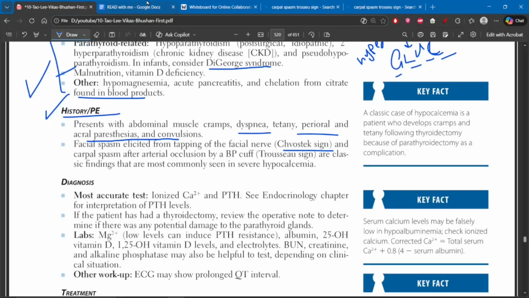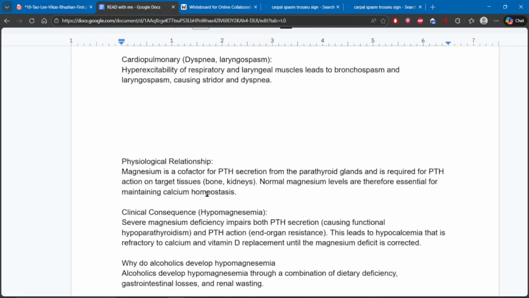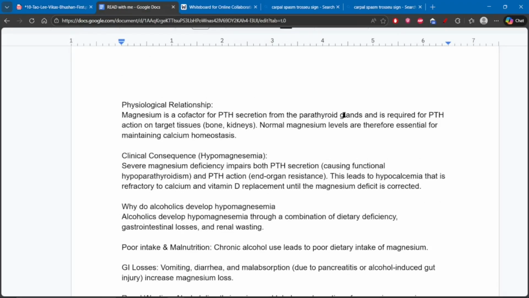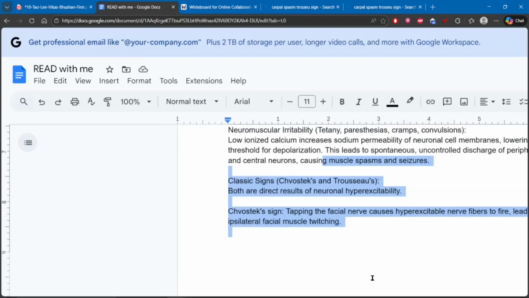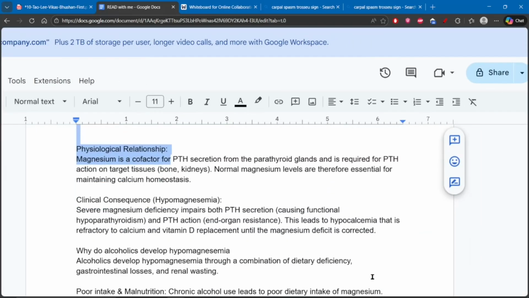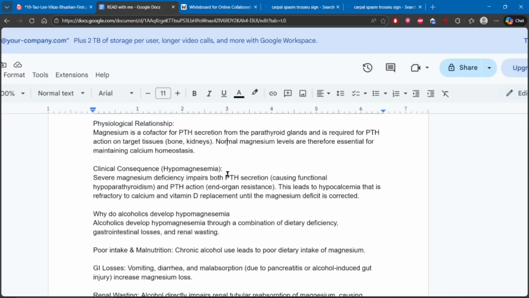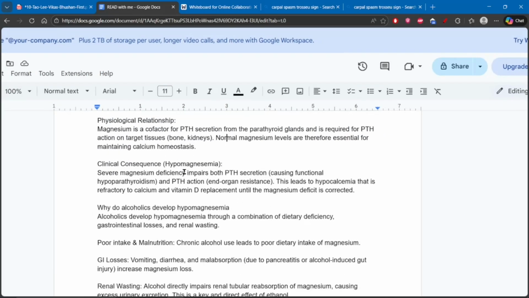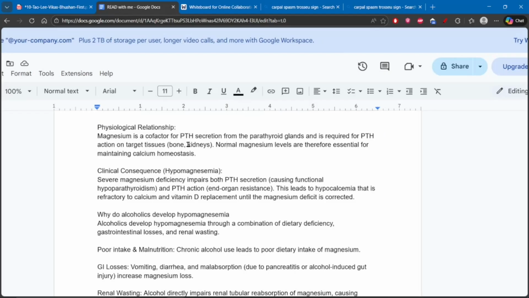One thing more that I need you guys to understand is the relationship of magnesium, PTH and calcium, which we've already discussed in our previous videos. Just as a reminder, magnesium is a cofactor for PTH secretion from parathyroid glands and is required for PTH action on target tissues as well. So normal magnesium levels are essential for maintaining calcium homeostasis, right?